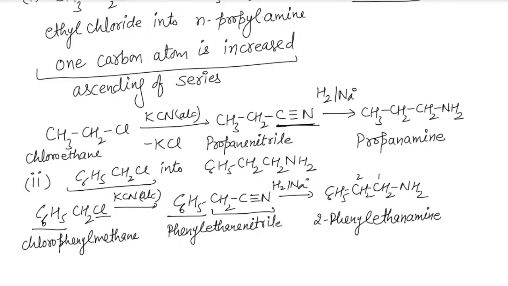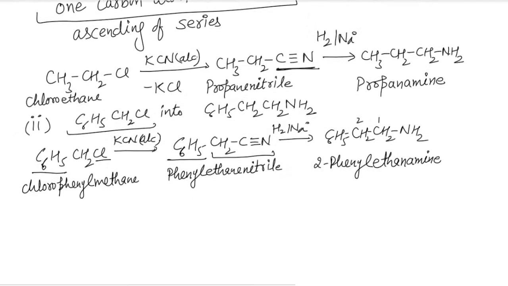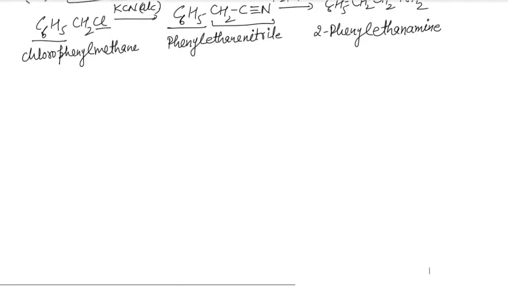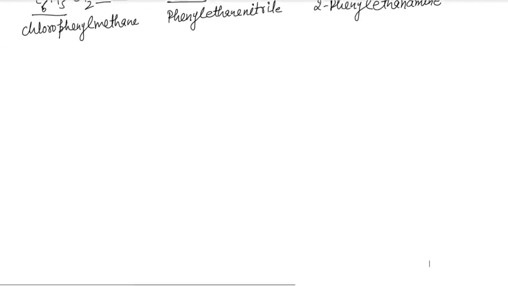Now tell me, to descend the series what do we do? For ascending we use KCN. Descending means to decrease carbon by 1.